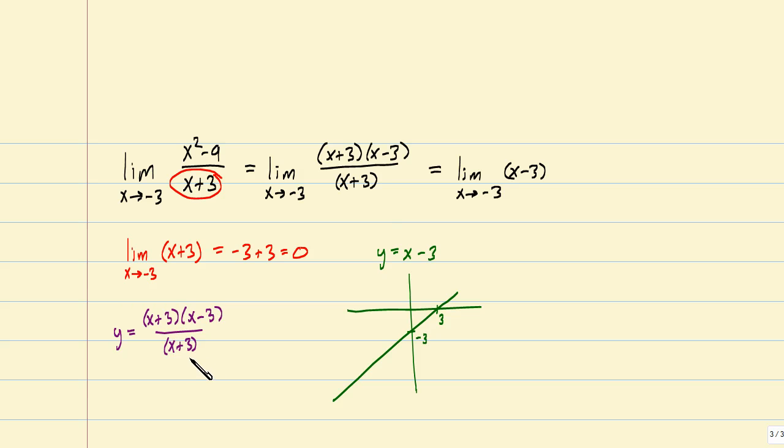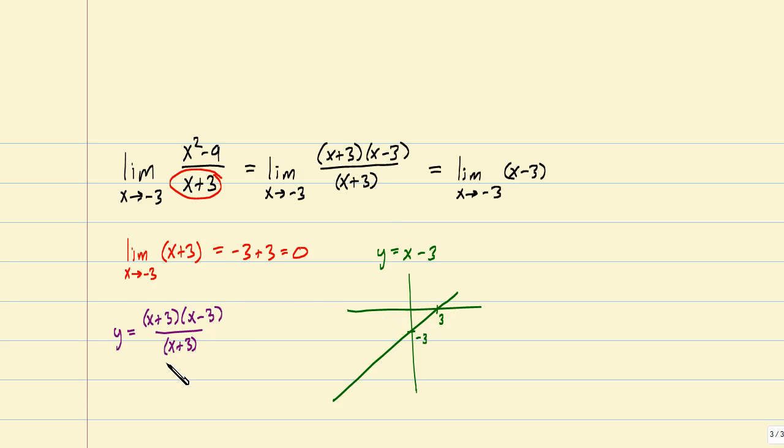The 5's cancel. When x is negative 5, this is negative 2 times negative 8 over negative 2. The negative 2's cancel. For many, many values of x, in fact, all values of x except for 1, this x plus 3 will cancel, leaving just x minus 3, which means the graph of this should be identical to the graph of this for all of those x values.